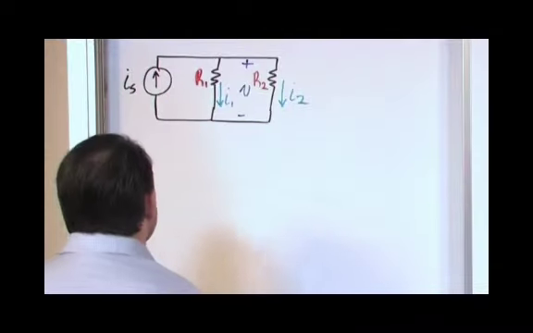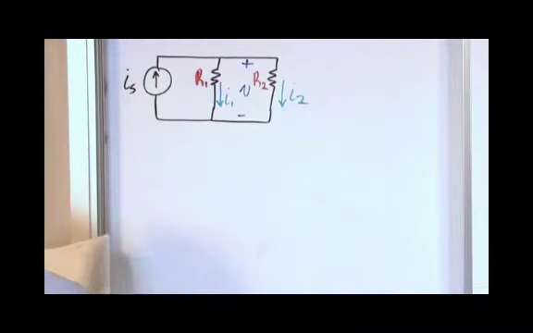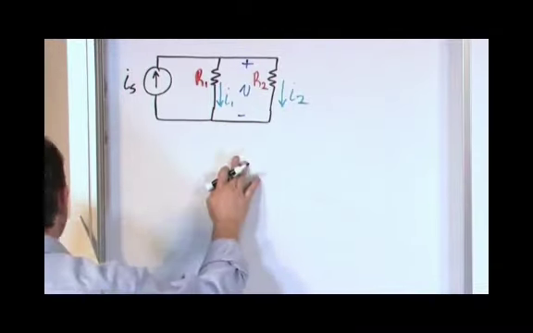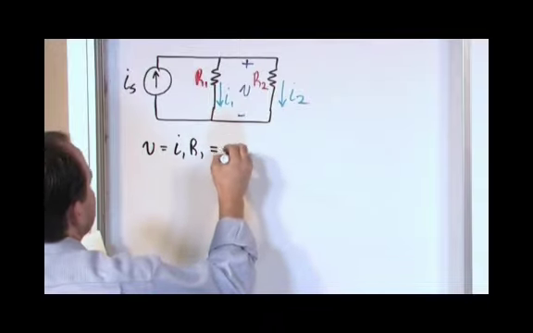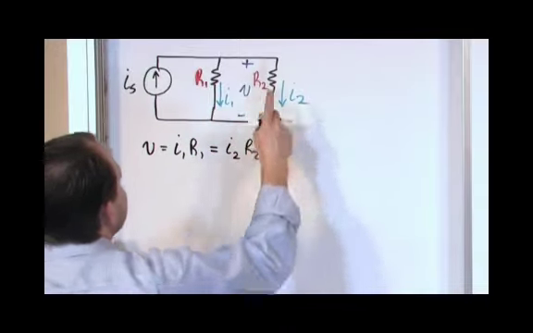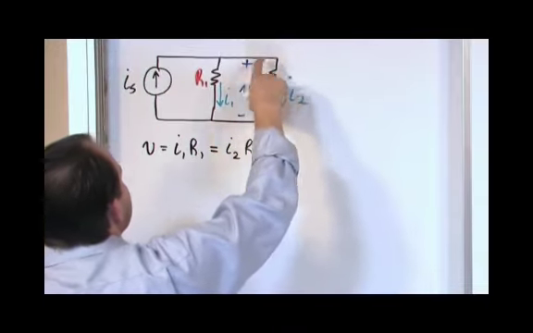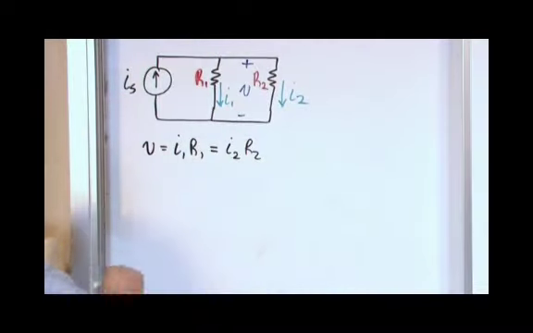Recall that V is equal to IR, so this voltage is equal to I1 times R1. Wouldn't you agree? But it's also equal to I2 times R2, because that's the current and the resistance over here. They're all connected in parallel, so the voltage is the same.